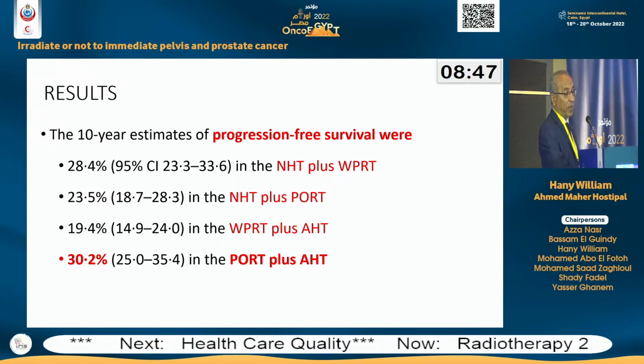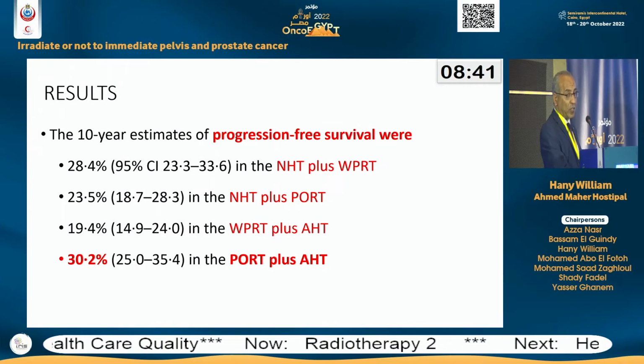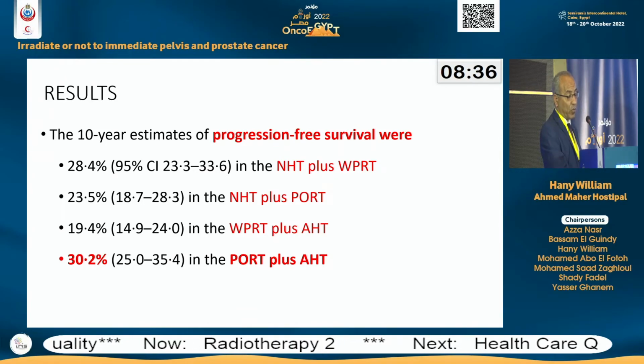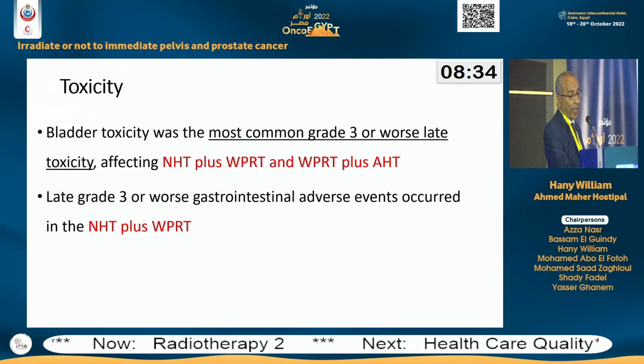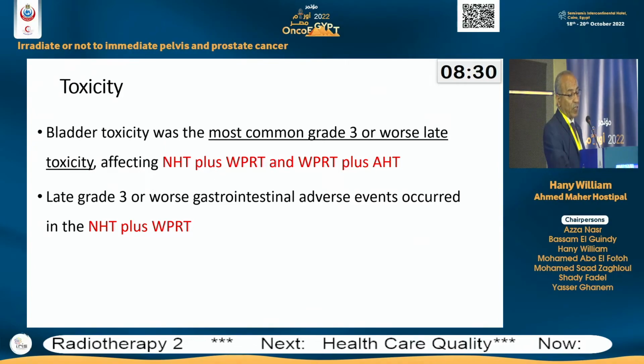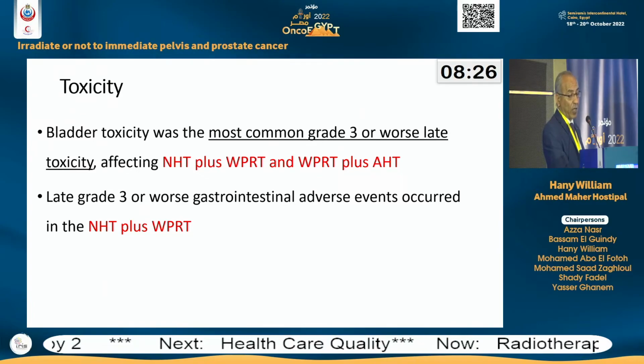The winner arm in progression-free survival was localized radiotherapy to the prostate with adjuvant hormonal treatment, with 10-year progression-free survival of 30.2%. The toxicity went to the whole pelvis with neoadjuvant or adjuvant hormonal treatment, in bladder and GIT toxicity.